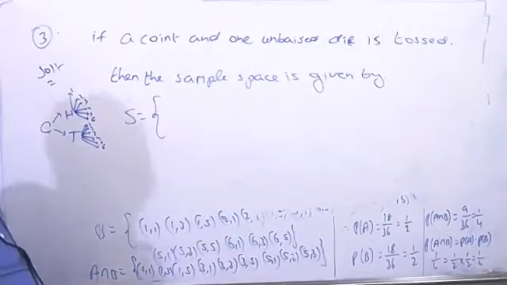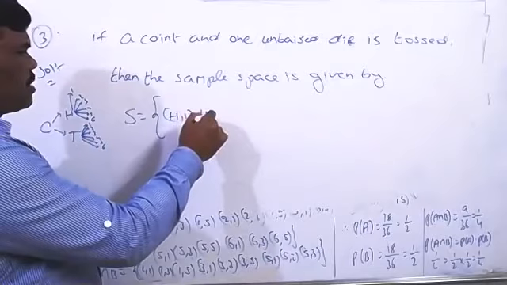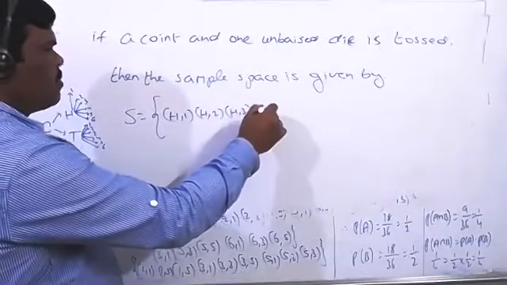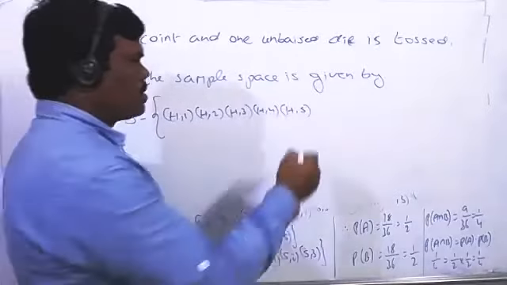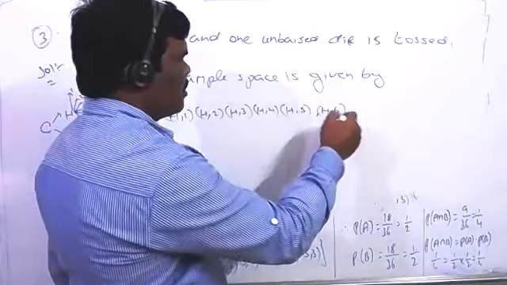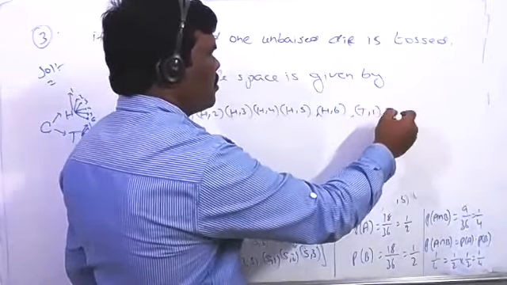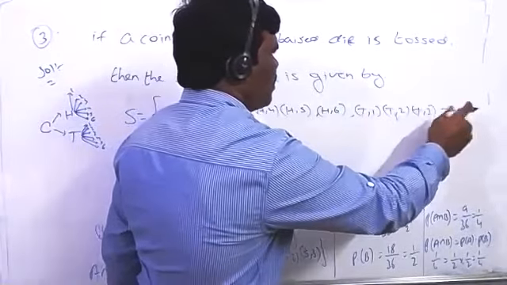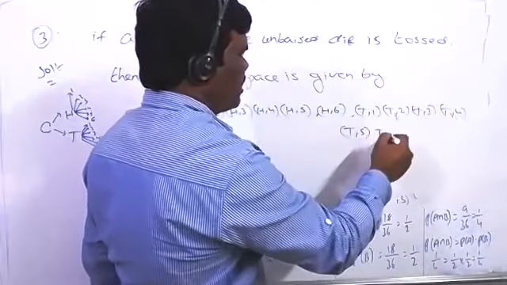So the sample space S equals then what you get? It is H comma 1, H comma 2, H comma 3, H comma 4, H comma 5 and H comma 6. The same way T1, T2, T3, T4, T5 and T6.